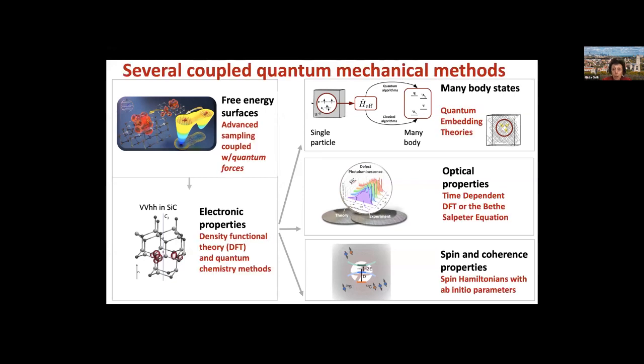In order to do that, you need to be able to couple several quantum mechanical methods, starting from DFT with quantum embedding theory, which is what I will talk about today, time-dependent DFT, and finally also use spin Hamiltonians with ab initio parameters to look at coherence time. So let me tell you about our development on quantum embedding theories. At the very end, I will also mention briefly some work that we have done on spin coherence.